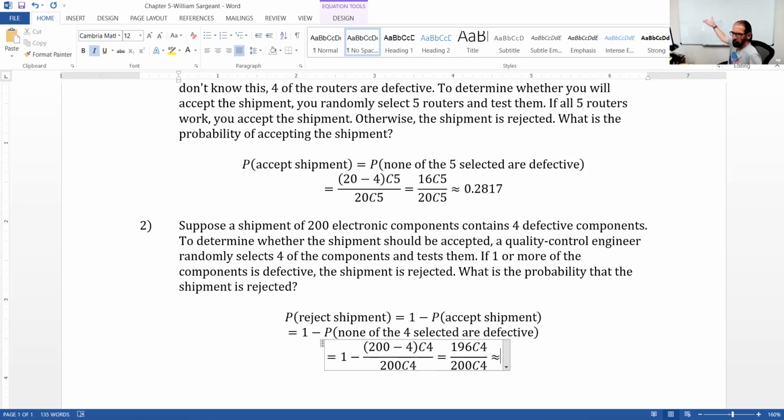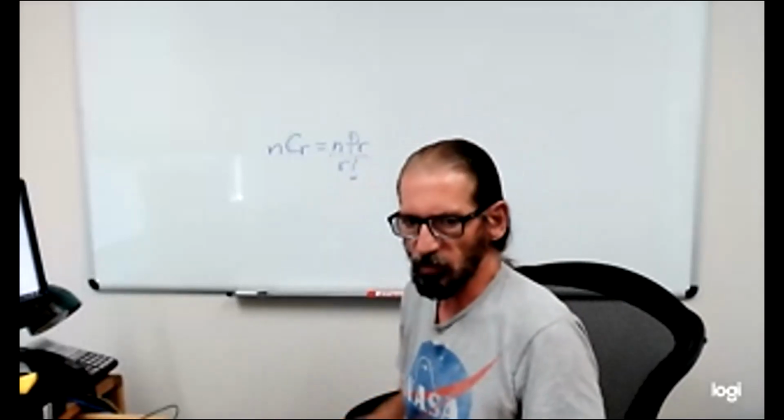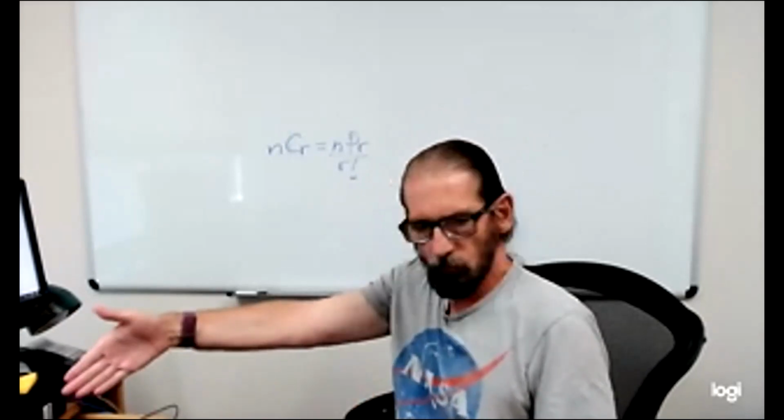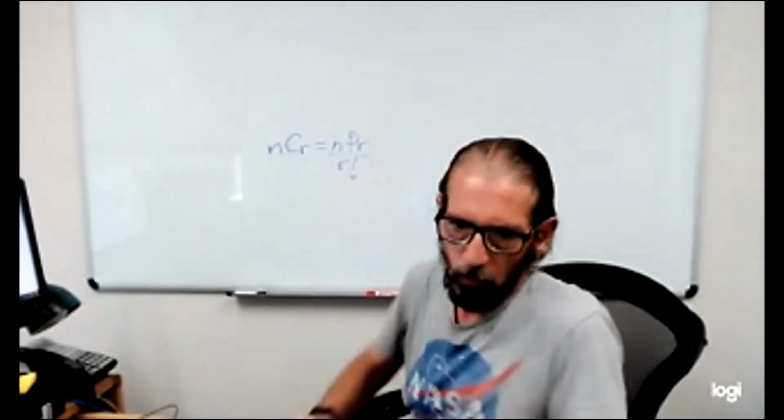And then when I flip over the 200C4 and multiply that to what's in the numerator, 196C4, the 4 factorials will cancel out. So if you have to do it by hand, I'll show that first. But again, if your teacher is allowing you to use technology instead, then see what's coming up at the end of this.